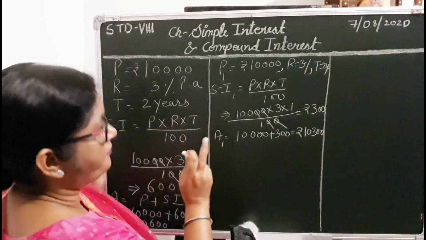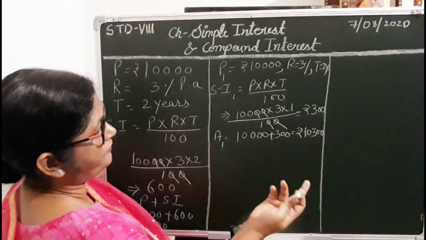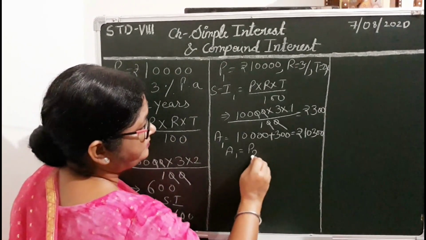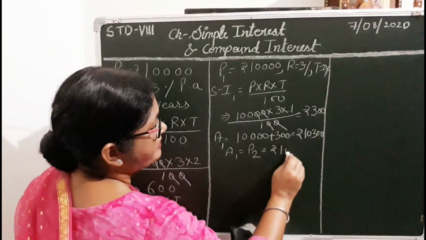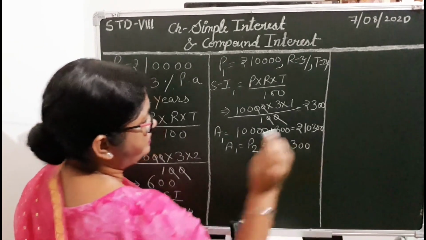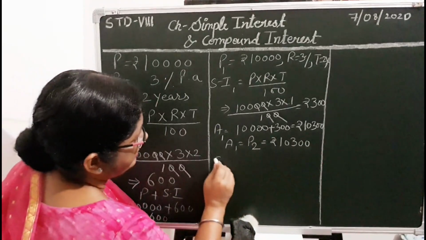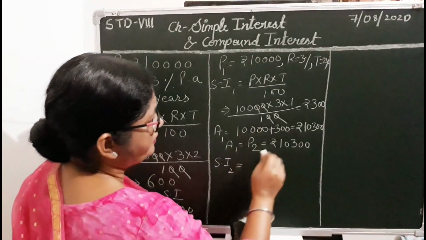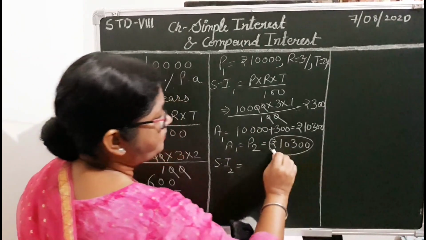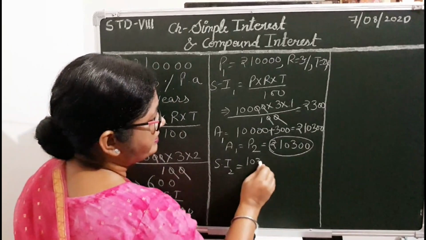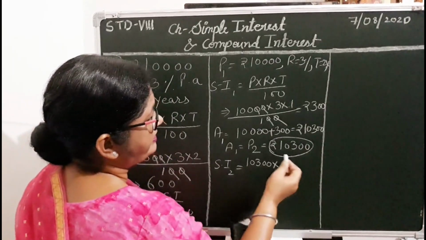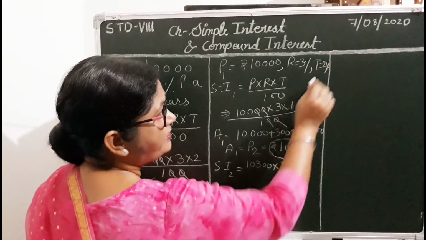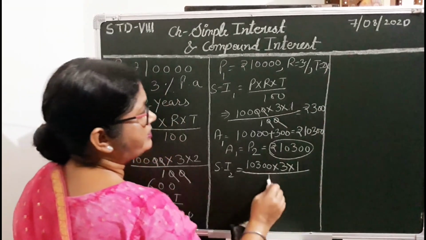Now the amount of the first year will be the principal of the second year, means A1 is equal to P2, rupees 10,300. And SI2 will be P into R into T over 100. P2 is equal to rupees 10,300, rate 3, and time 1 year more, over 100.